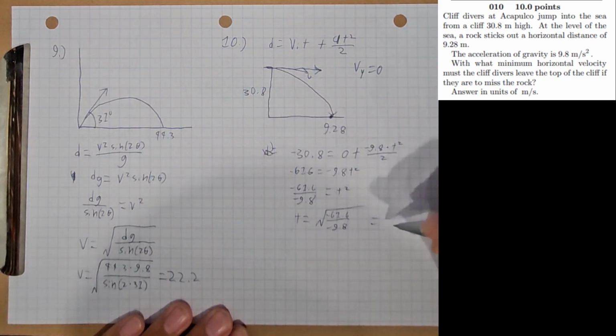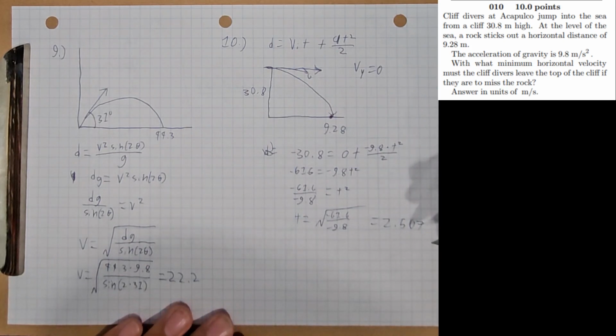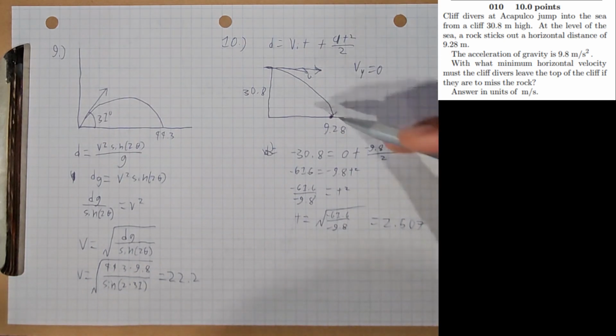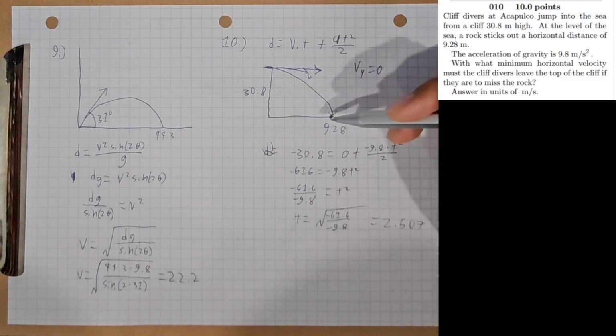And this is equal to 2.507. So 2.507 is the time it takes to fall 30.8 meters.